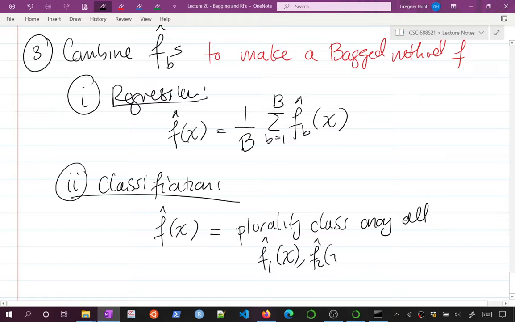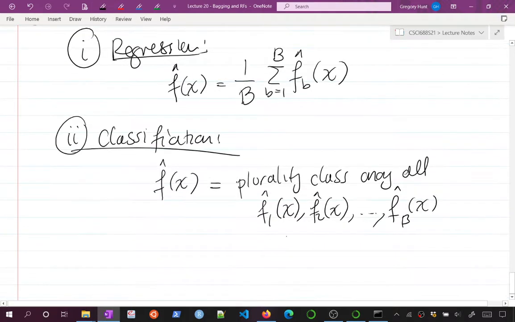So basically I'm going to predict f1 hat, f2 hat, all the way up to f capital B hat at x. Each of these is some class. Maybe the first one predicts class 1, the second one predicts class 2, the third one predicts class 1, the fourth one predicts class 1, right? And all of these get a vote.